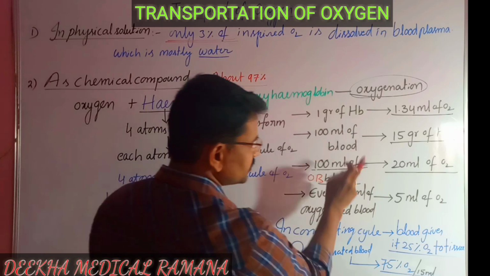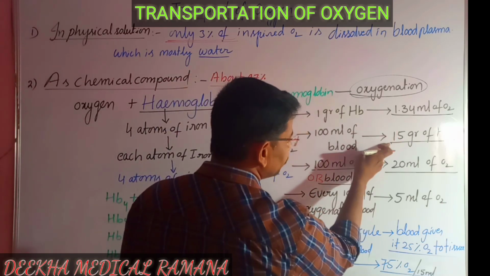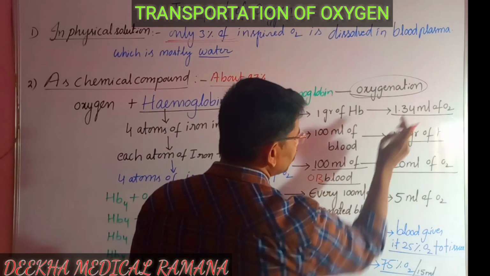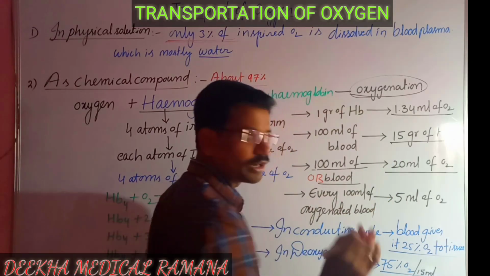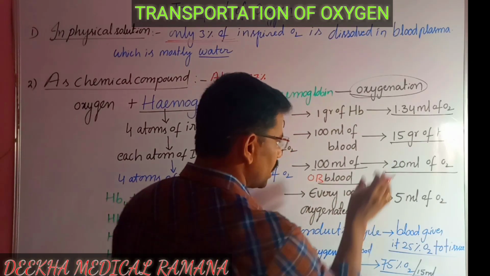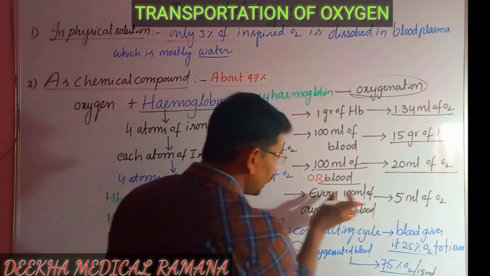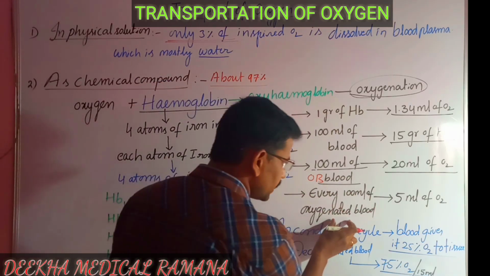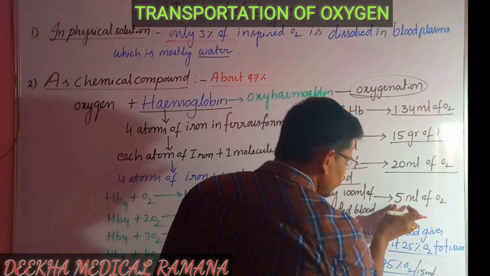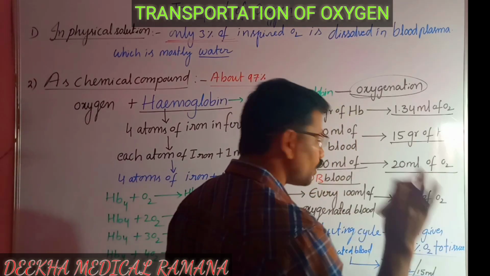Just calculate 15 into 1.34, and we get 20 ml of oxygen. Out of 20 ml of oxygen, every 100 ml of oxygenated blood can deliver 5 ml of oxygen.